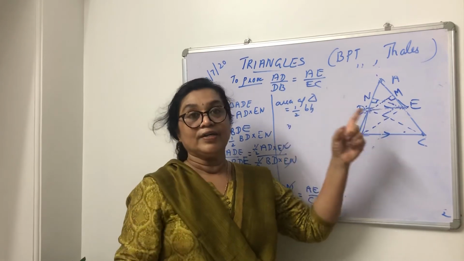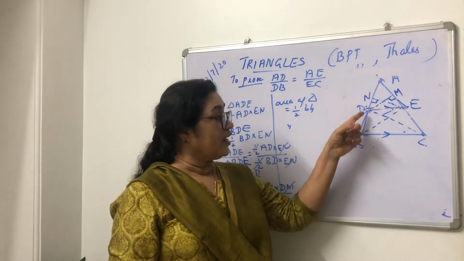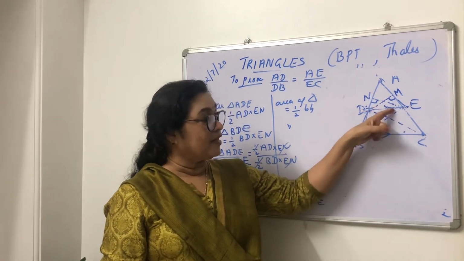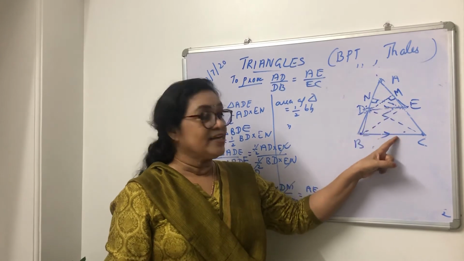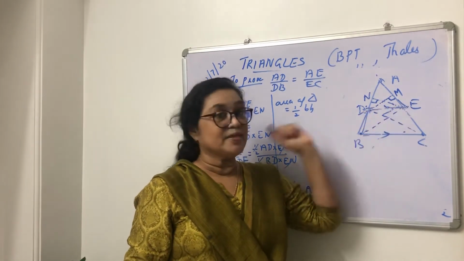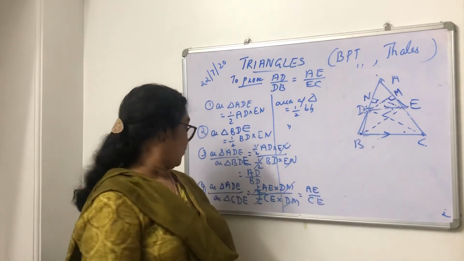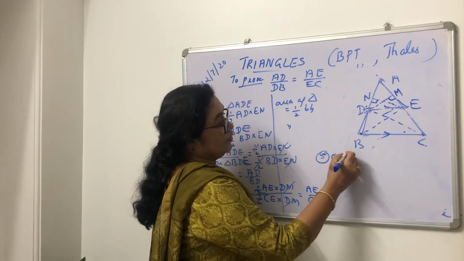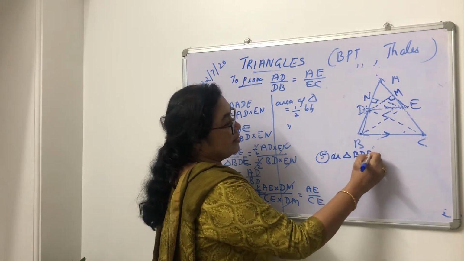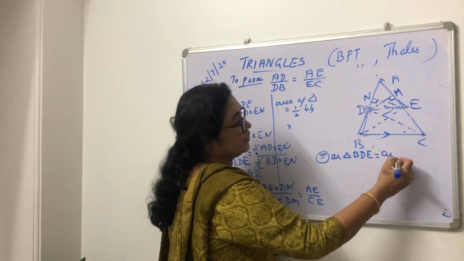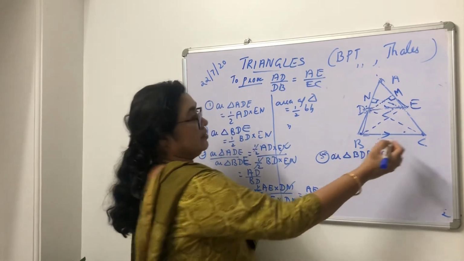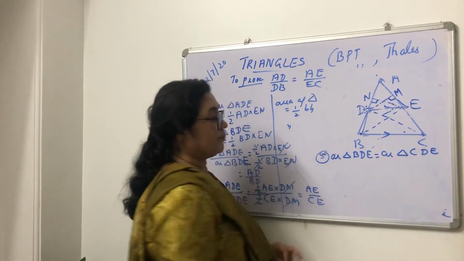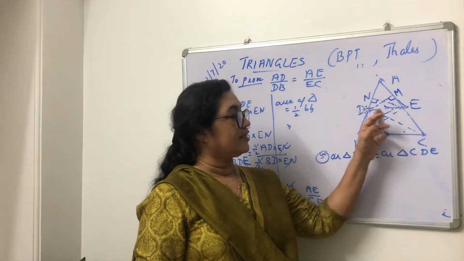Therefore, as you learned in your 9th standard, triangles on the same base DE and between the same parallel lines, parallel lines are DE and BC, their areas are equal. Therefore, fifth one, area of triangle BDE equal to area of triangle CDE. Why are areas of triangle BDE and CDE equal?